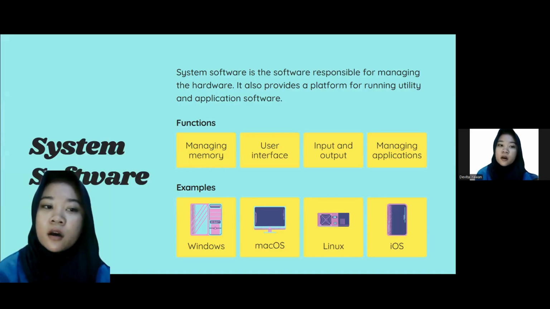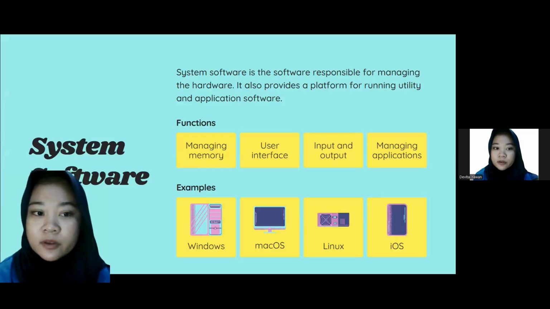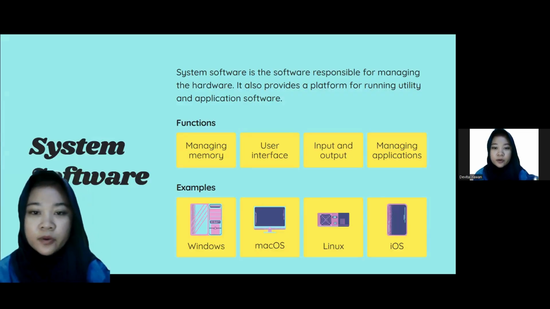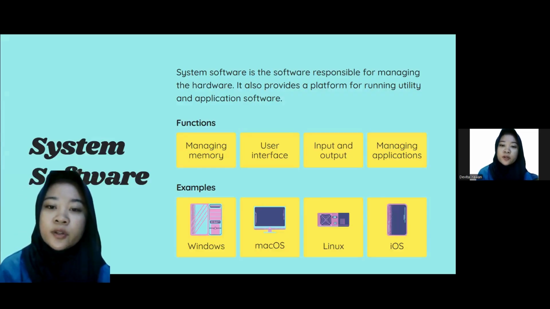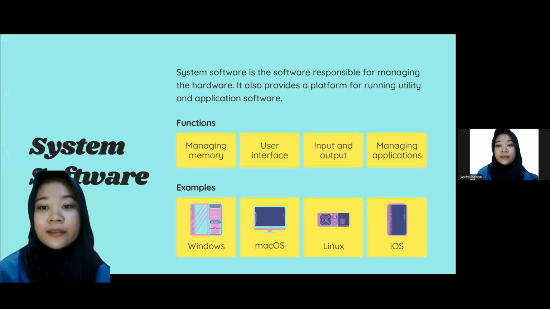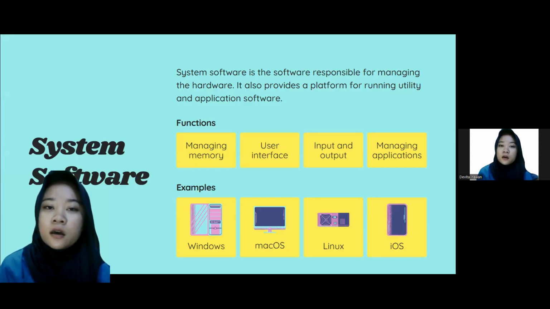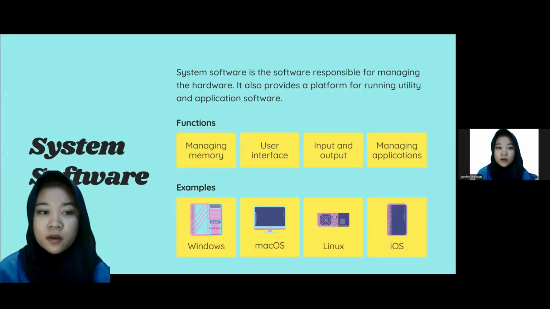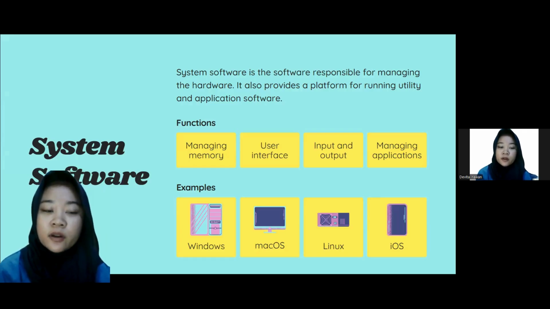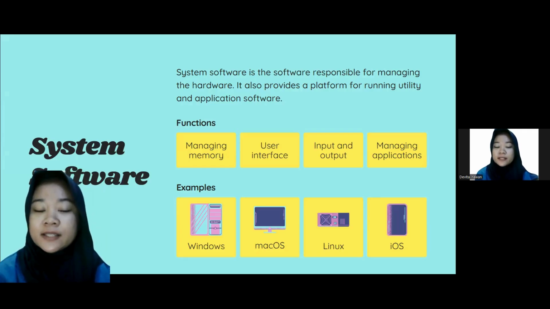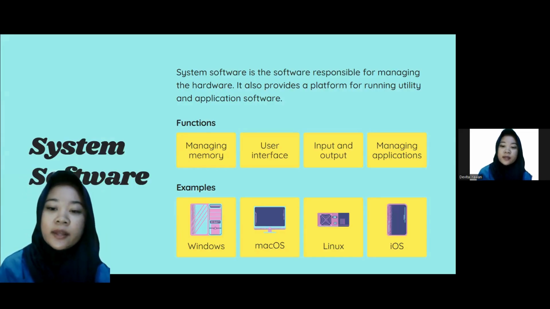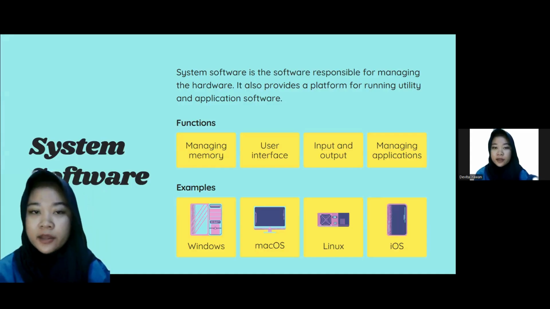The functions of system software are managing memory, the user interface, input and output, and the last one is managing applications. Examples of system software are Windows, Mac OS, Linux, and iOS.